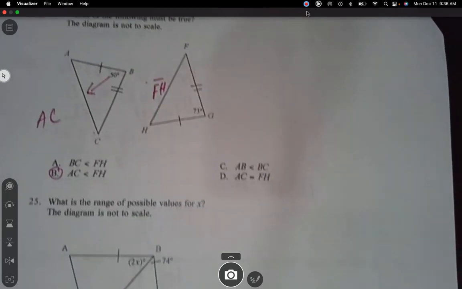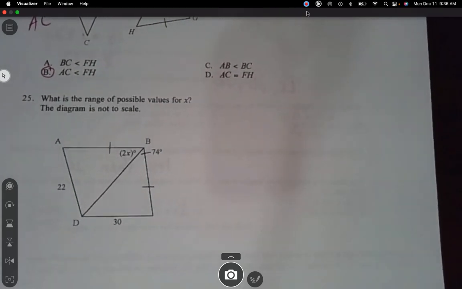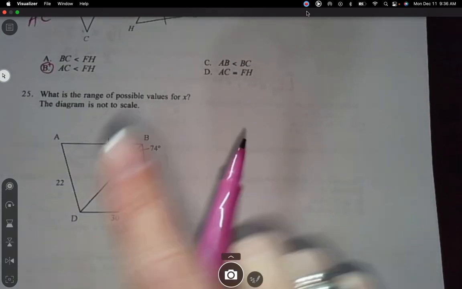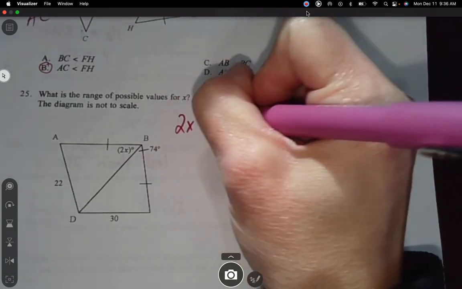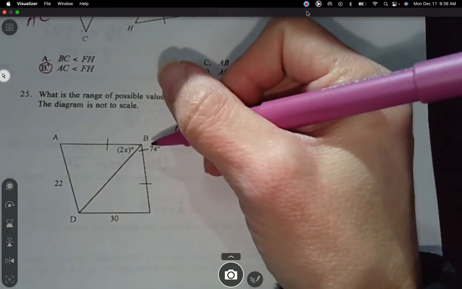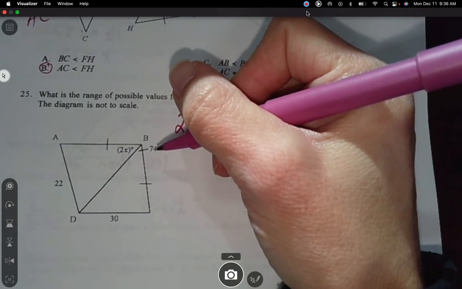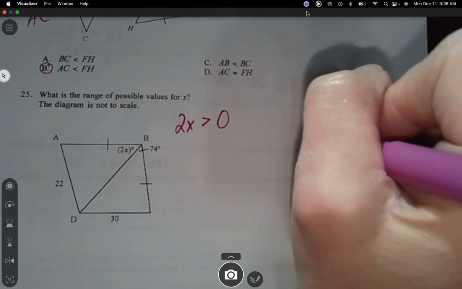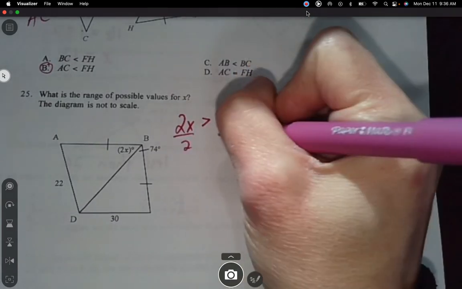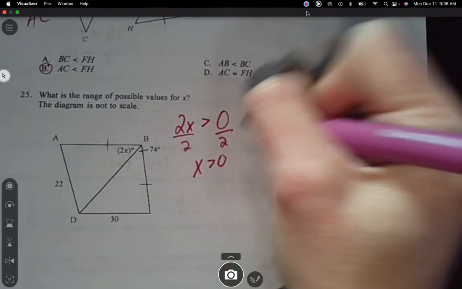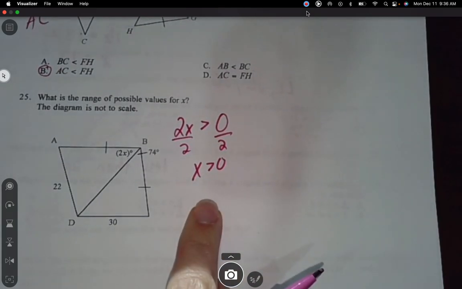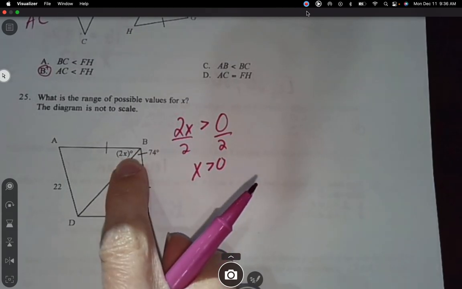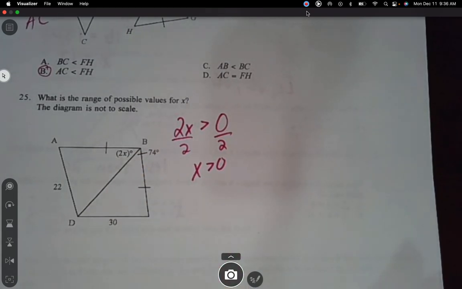Okay. What's the range of possible values for x? First of all, 2x has to be greater than what number? Just think in general. It has to be bigger than 0. So solve for x. Divide by 2, and what do we get? x has to be greater than 0. That's the first thing. Now I need to know the next thing. What do you know about these two angles? 2x, is it bigger or smaller than 74?